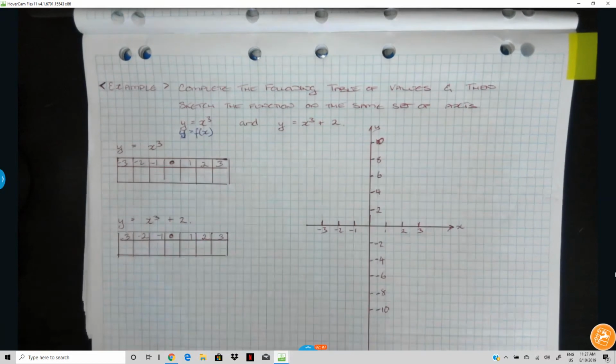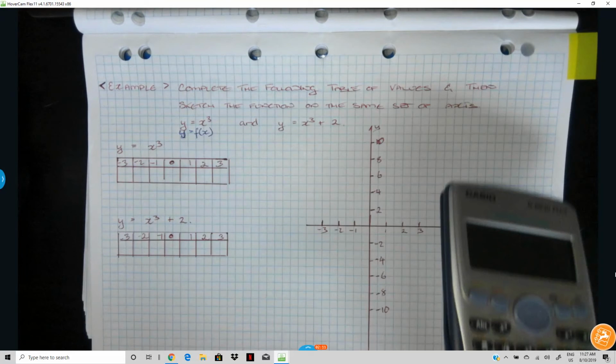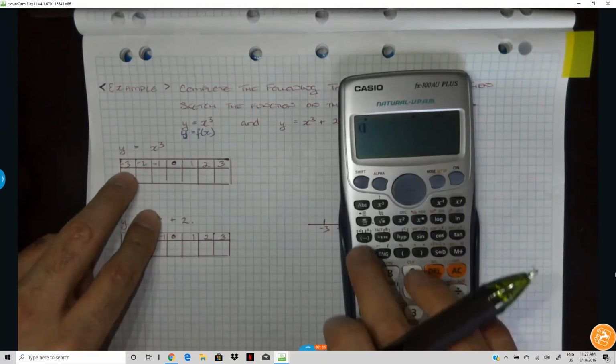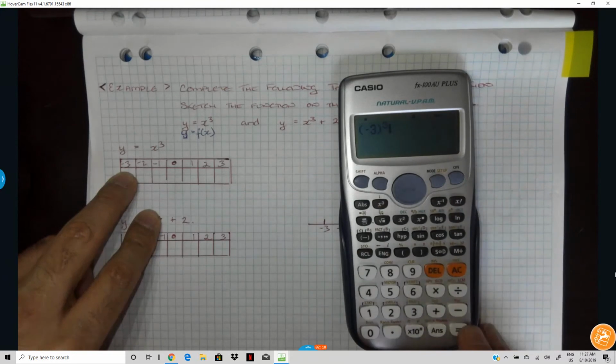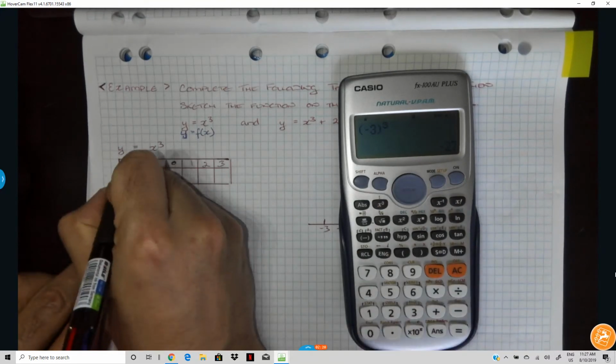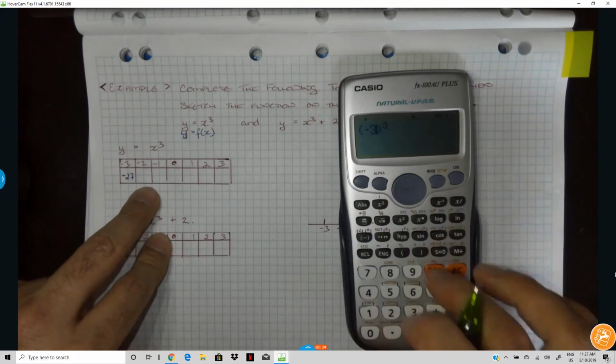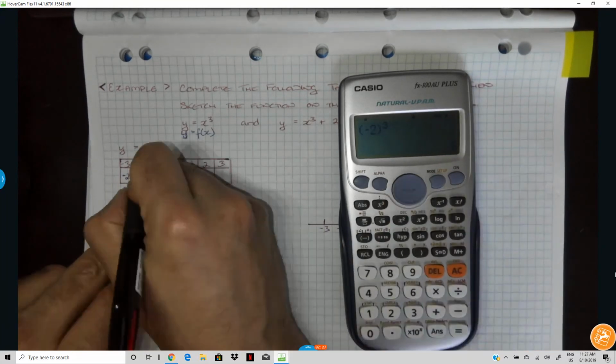If we plug into our calculators, negative 3 cubed, we get negative 27. Negative 2 cubed is negative 8.